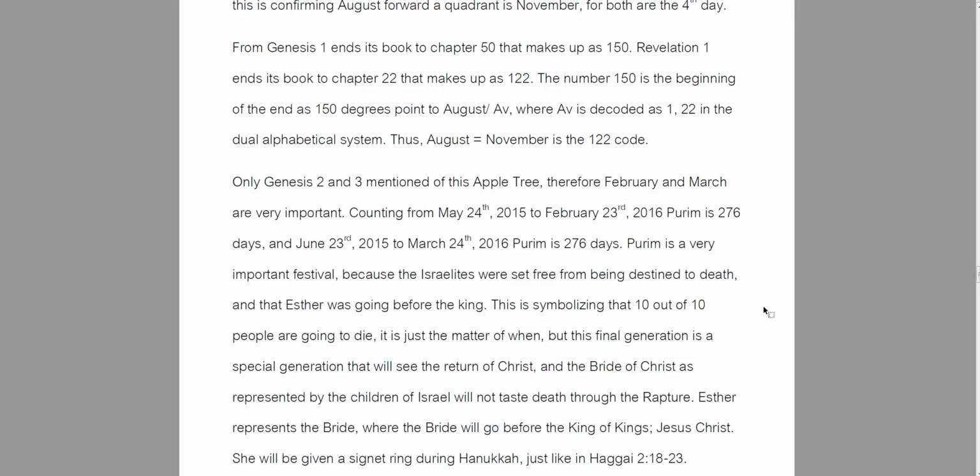So Purim is a very important festival because the Israelites were set free from being destined to death, and Esther was going before the king.